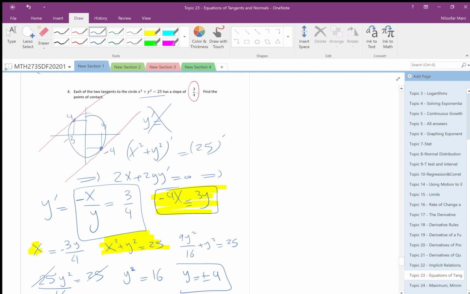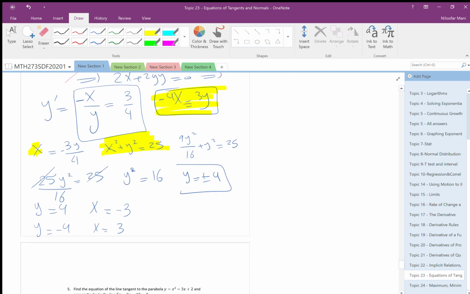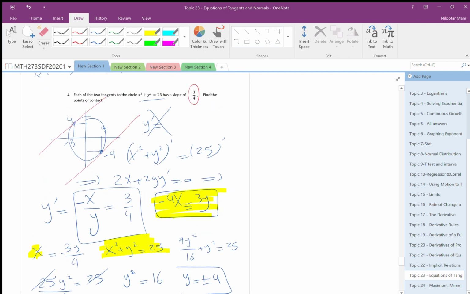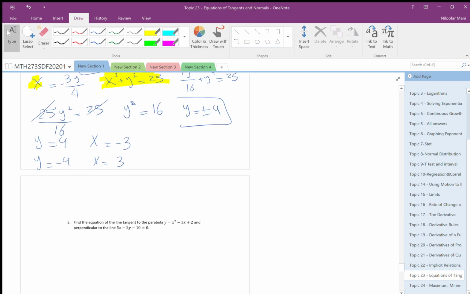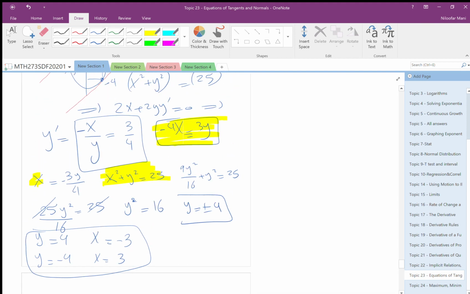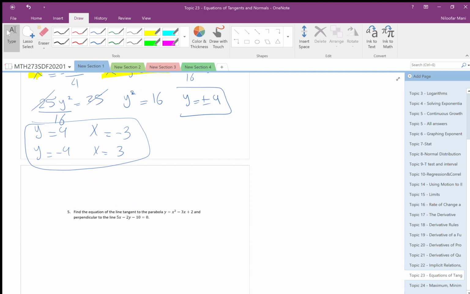So you found these two points, and then when you find these two points, you can find the equation. You have the point, you have the slope, so you can find b, which is the y-intercept. What is the slope? 3 over 4. So for one of them it is minus 3 and 4, for one of them it is 3 and minus 4. So write the equation.